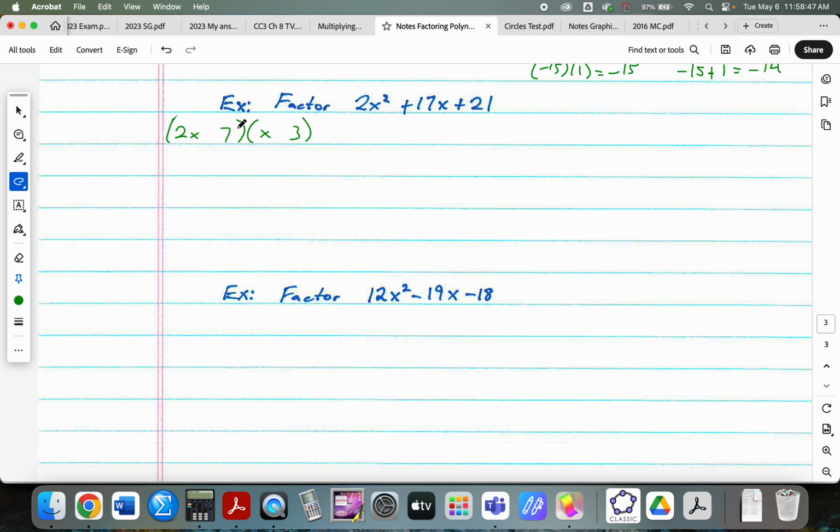If I multiplied, that would be 7x and 6x. That's not going to make 17x, is it? I need it to be bigger, don't I? So let's switch them. Let's put 7 here and 3 here. This is going to be a 3x and a 14x. Add those together, that makes 17x. That's it.